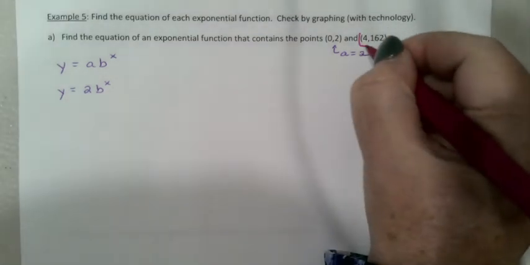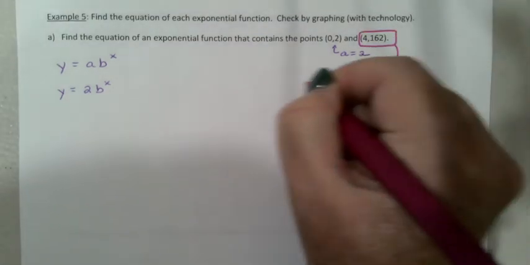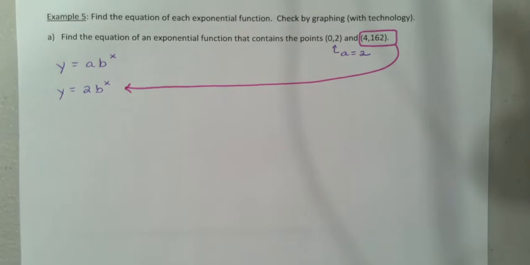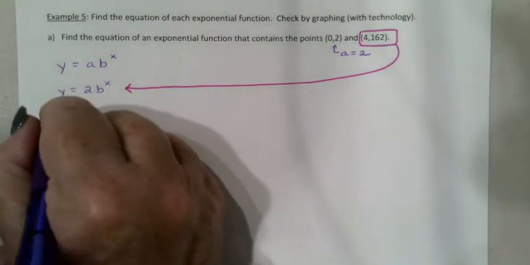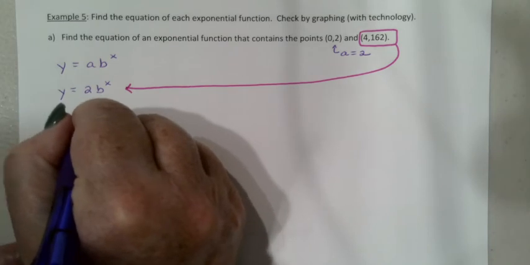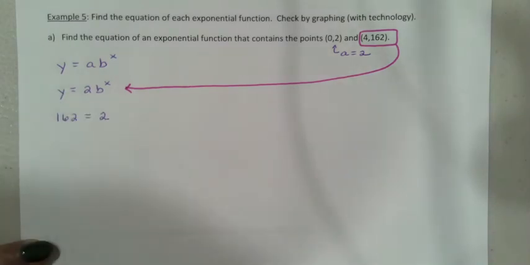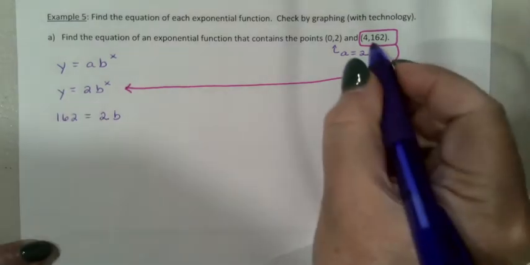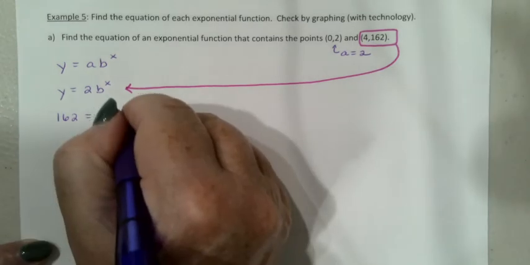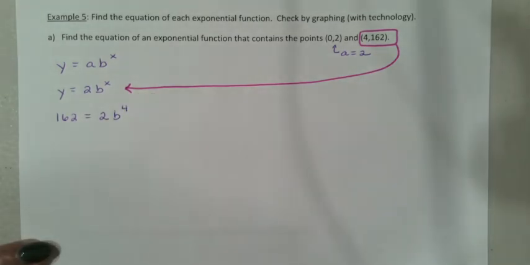I'm then going to take my second point, and I'm going to plug it into that equation. So y is 162 equals 2 times b to the x, which is 4. Now I have an equation with just one unknown, b, and I should be able to solve for that.